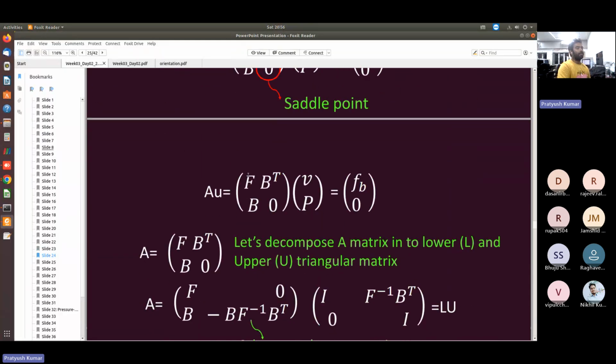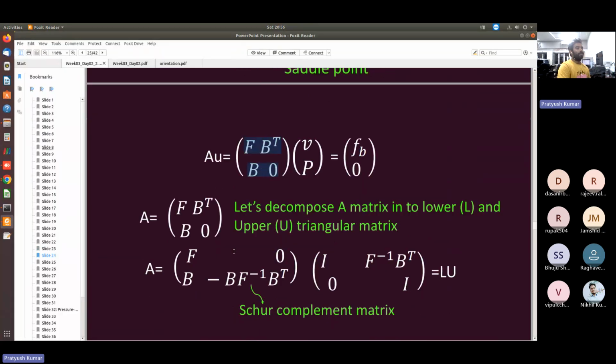So we can decompose this A matrix, that is F, B transpose, B, 0, into a lower triangular matrix and an upper triangular matrix. So this is the lower triangular matrix and this is the upper triangular matrix.